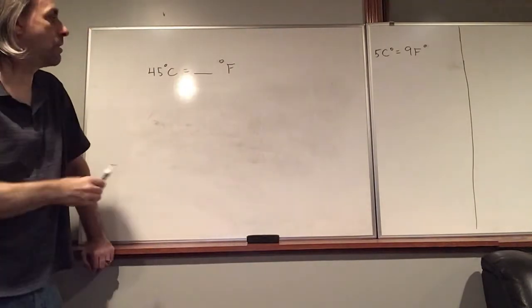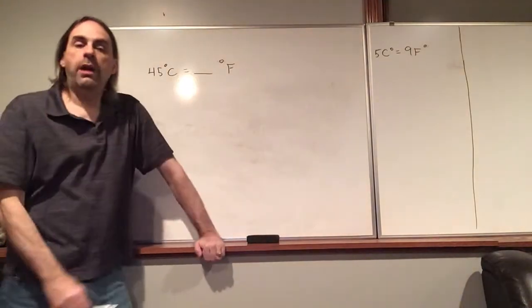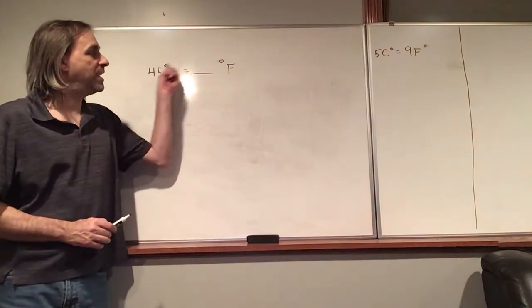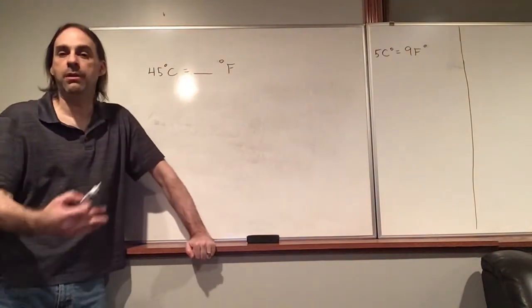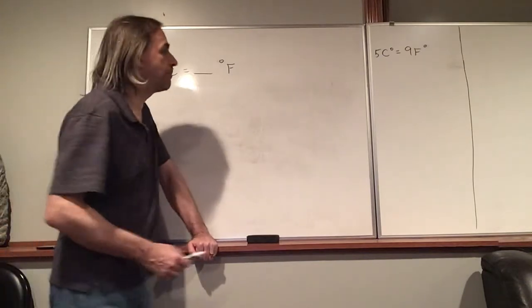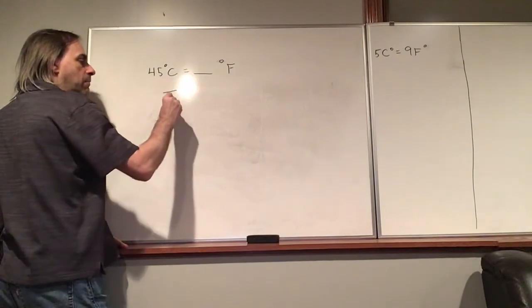Okay, so our goal is to come up with an equation, and we're going to plug in our temperature in Celsius, and the answer our equation is going to give us is a temperature in Fahrenheit. So let's say T_F is a temperature in Fahrenheit.